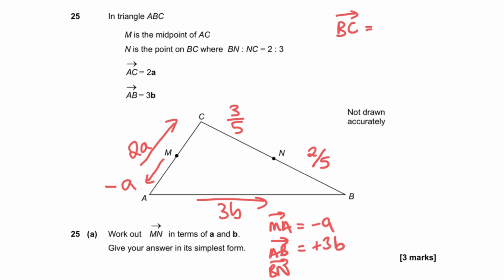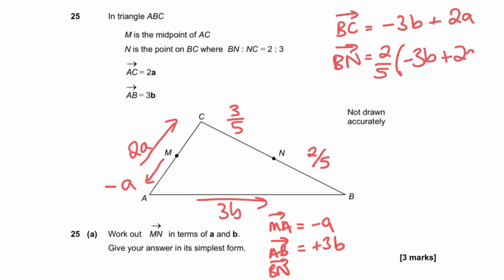So from B to A is minus 3b because it's the length of 3b, but we're going in the opposite direction. And then we're going to add A to C, so that's 2a. So the distance between B and C is minus 3b plus 2a. To get from B to N, which is 2/5 of that, B to N is going to be 2/5 of minus 3b plus 2a.